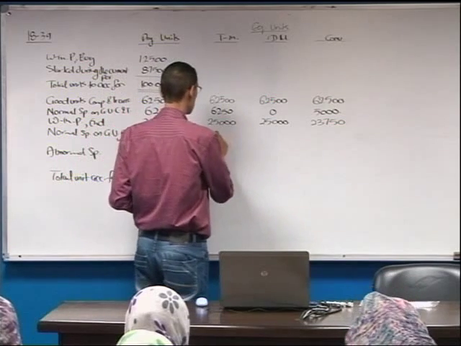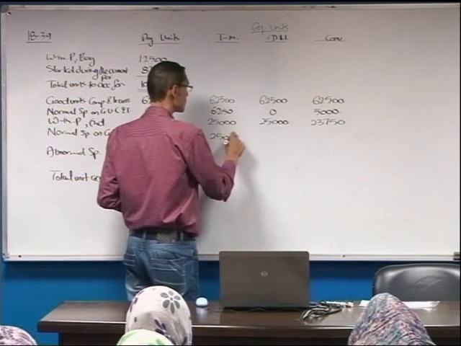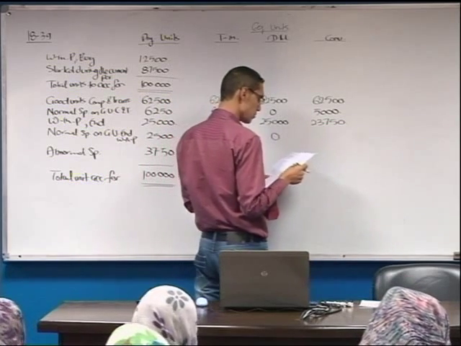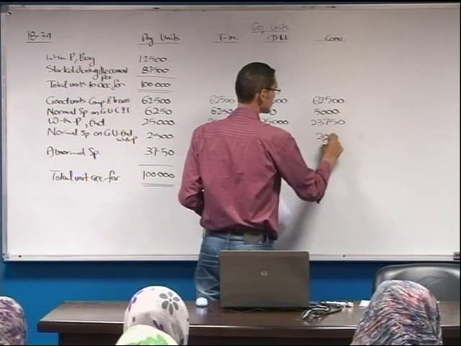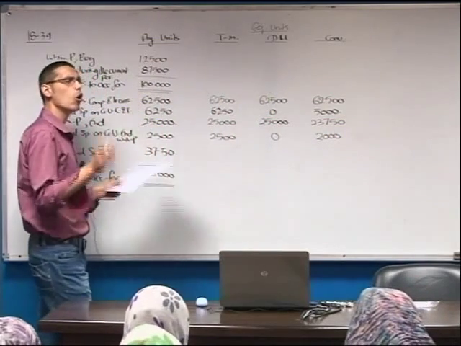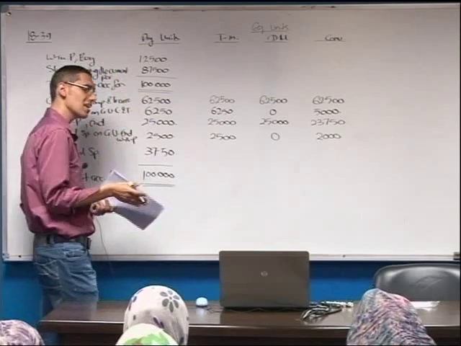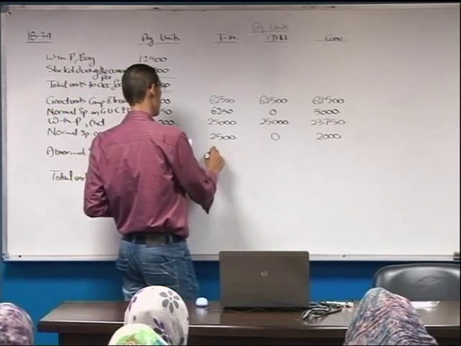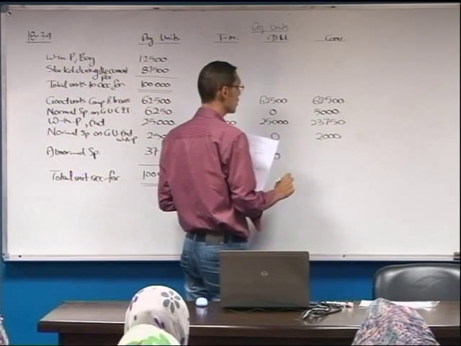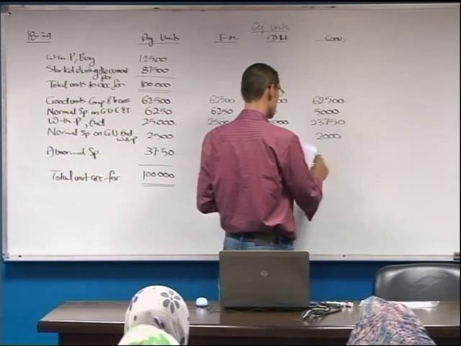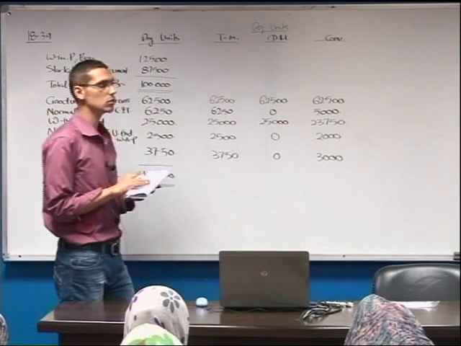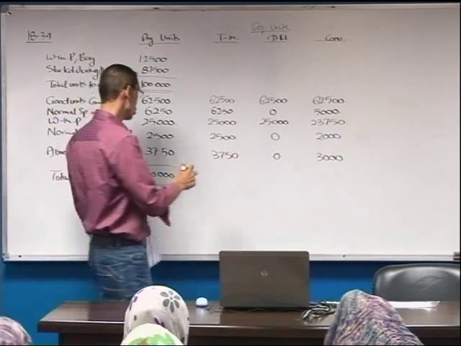Therefore, 2,500 in total here, 0, and 80% multiplied by 2,500, 2,000. For the 3,750, also as a spoiled unit, they stopped at the 80% point. Therefore, 100% transferred in, 0% direct materials, and 80% as conversion cost. Therefore, 3,000 units.